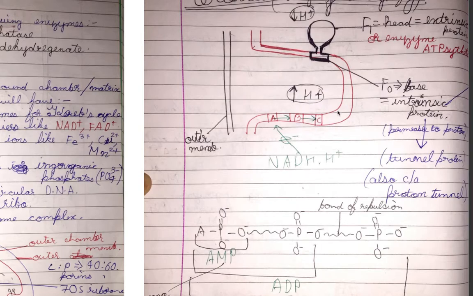And this is F1, the head, and it is an extrinsic protein, the enzyme ATP synthetase. F0 is the base and is permeable to protons, and it is a tunnel protein also known as the proton tunnel.